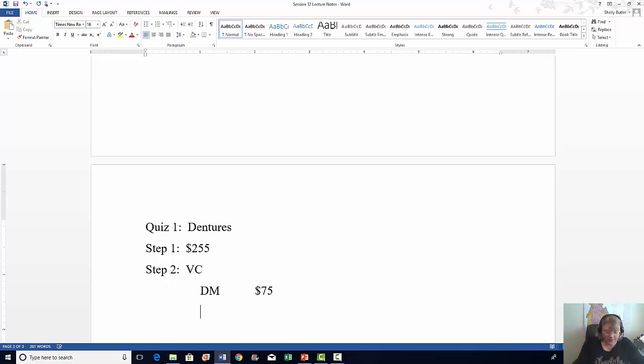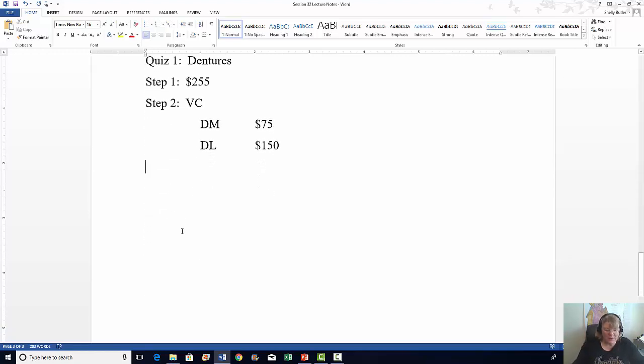Direct labor was $150. Whoa. And let's pull that up so you can see it. And variable overhead. Oops, we have to tab that over. Variable overhead gives us $25.